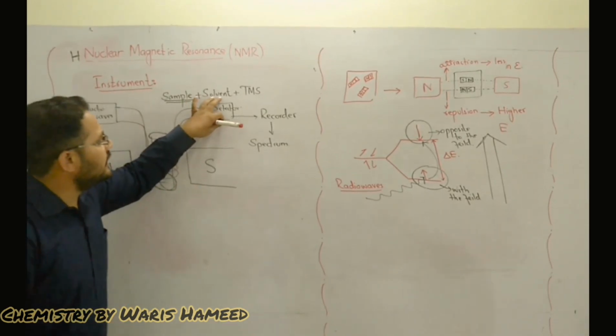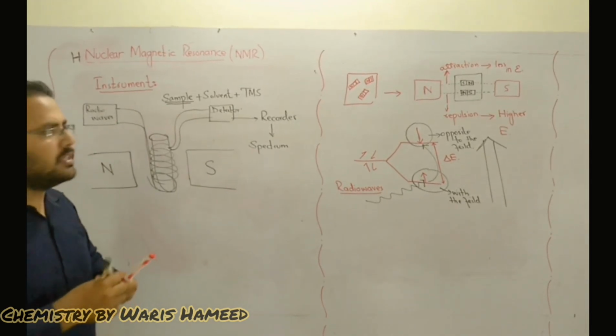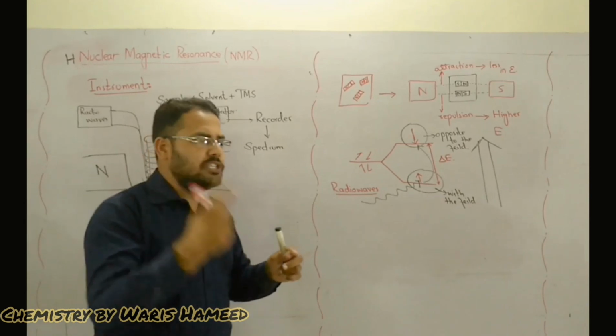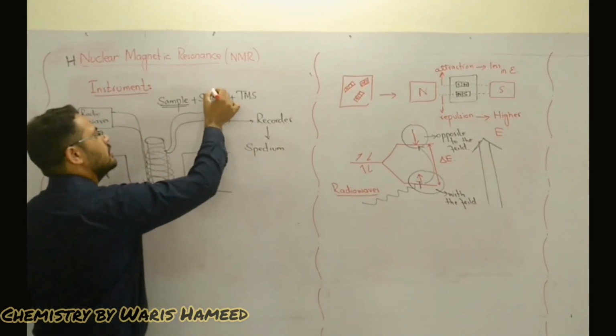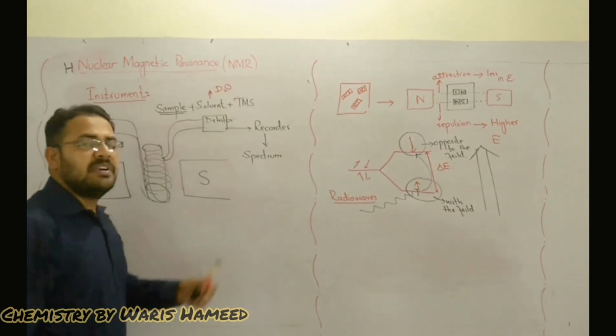What type of solvent is used? The solvent should be free of protons. The solvent should be free of protium, the isotope of hydrogen. So we use the solvent D2O, deuterium oxide.